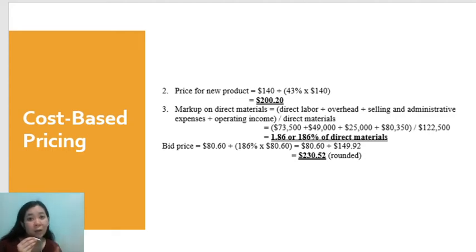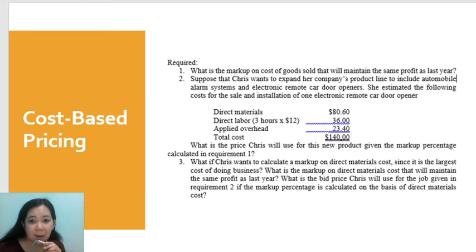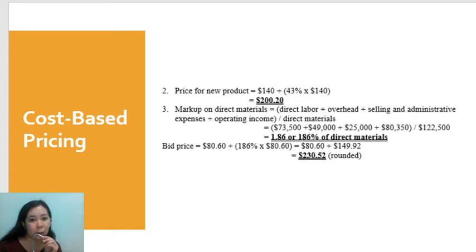Its cost is $140, so we just add 43% to it. Therefore, its price now is $200.20. For the third requirement, what if we base the markup on direct material cost? If you base that on direct material cost, all you have to do is to use this formula.